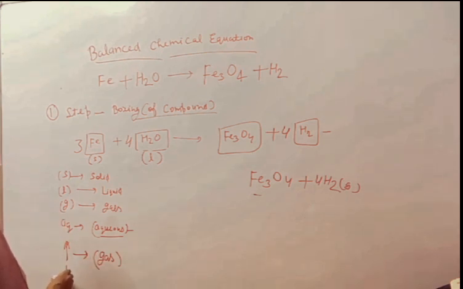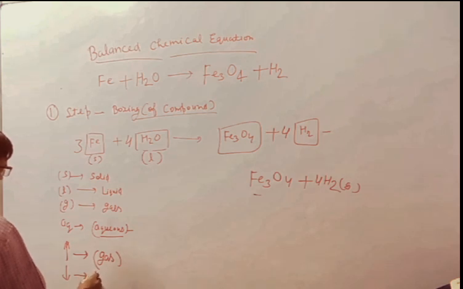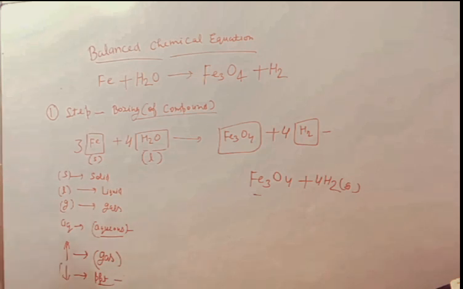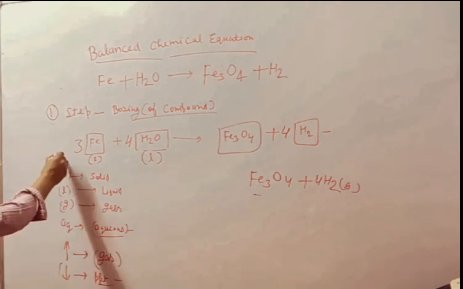If the arrow is at the bottom side, means the precipitation has occurred. Precipitation, ppt, means that particles have settled down in the form of the precipitation at the bottom of the test tube or the reacting vessel. So these are the some states.